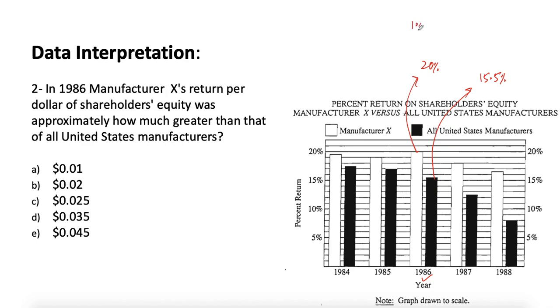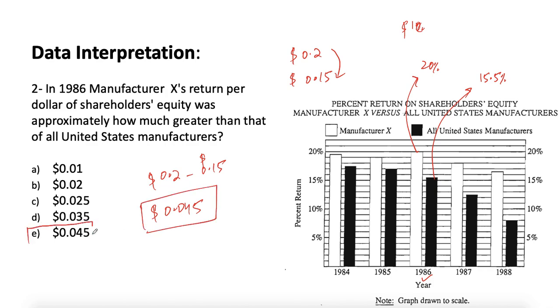So if the dollar is $1, 20% of $1 is $0.20, and 15.5% of $1 is about $0.155. The question asks how much greater this is than this, so just take the difference of both: 0.2 minus 0.155, which equals $0.045, and that's why our required answer is option E. Just like in this question, if we miss one part, that is return per dollar, we will get the whole question wrong.